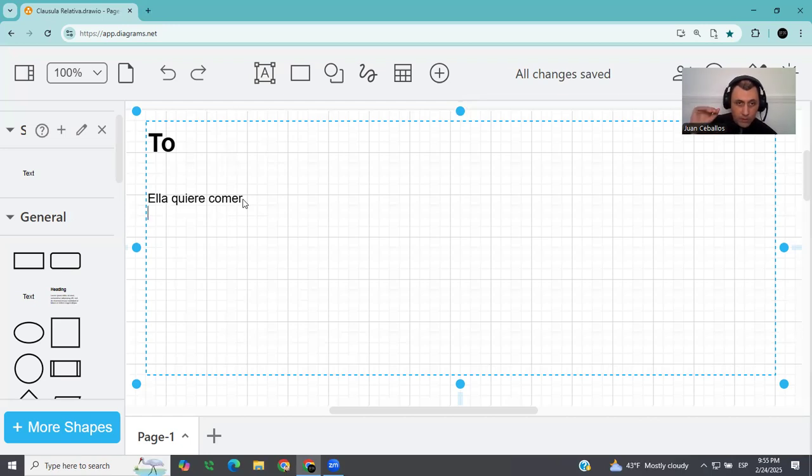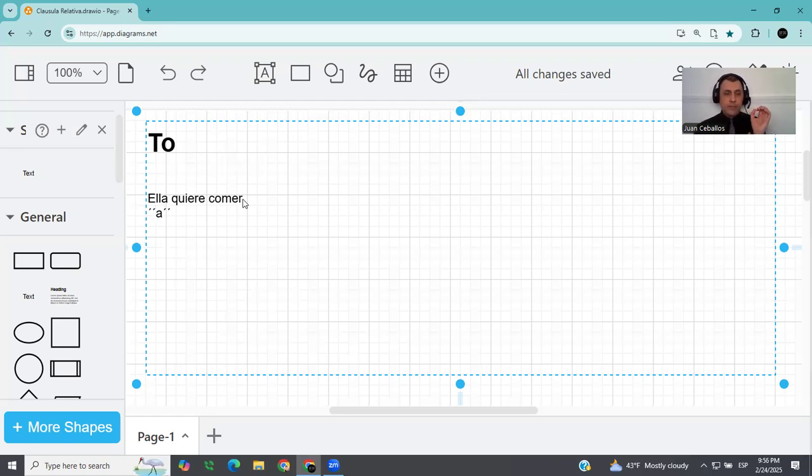To go doesn't have any meaning because it's helping explain the verb go, which is in the infinitive form. But the second "to" is a preposition in English. So in this case, it will translate as a.